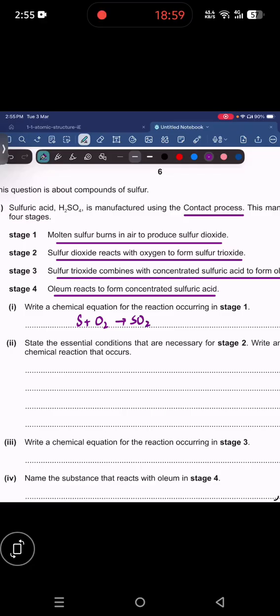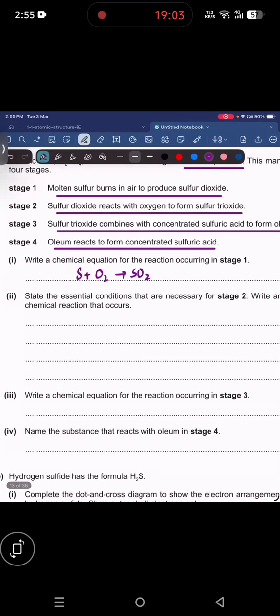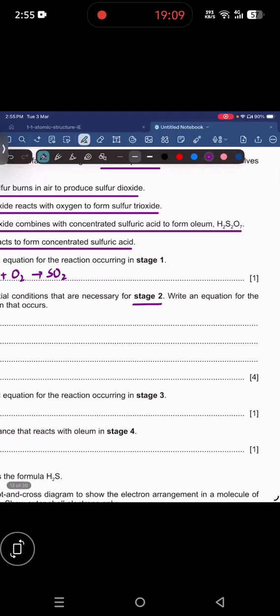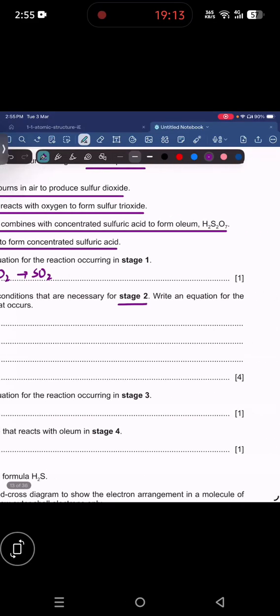Thank you, Insha. Now, state the initial conditions that are necessary for stage number 2. Write an equation for the chemical reaction that requires. So this question is for 4 marks here. So three conditions are here and 1 mark for the equation.